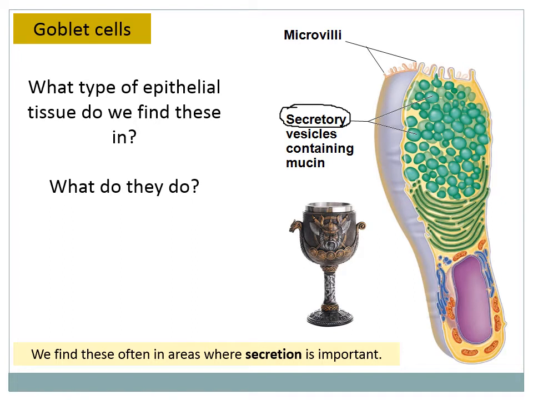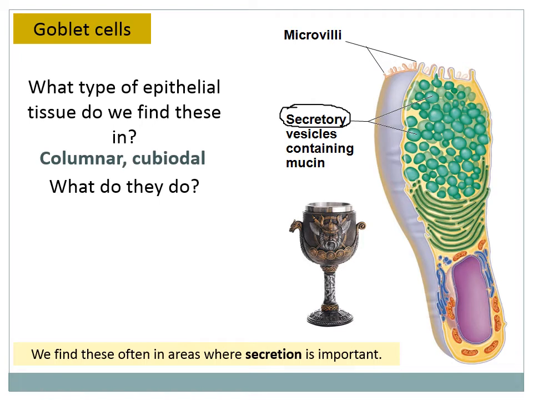Okay, so what type of epithelial tissue would we find goblet cells in? We find it in columnar and we find it in cuboidal. So when we look back at our cuboidal areas, it was all about secretory stuff, right? Secreting things. And our last slide, the columnar, also had goblet cells within it.